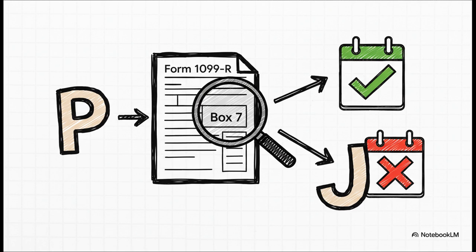You've got to pay very close attention to Box 7. That little code in there is a direct message to the IRS. A code P is for a timely correction of a prior year contribution, which signals that the earnings are taxable in that prior year. A code J, on the other hand, signals an untimely distribution. Getting this code right is absolutely essential.